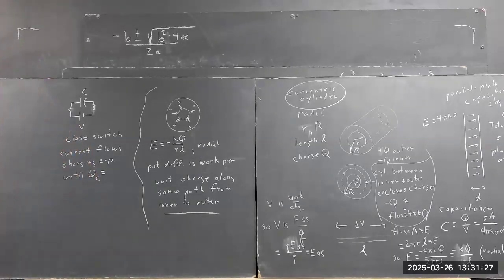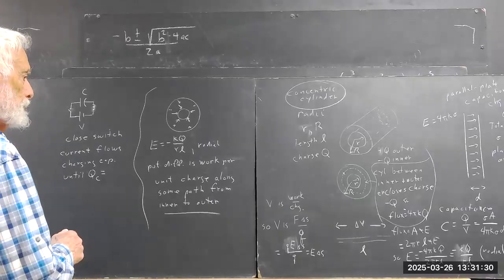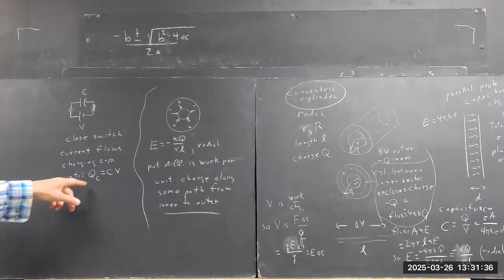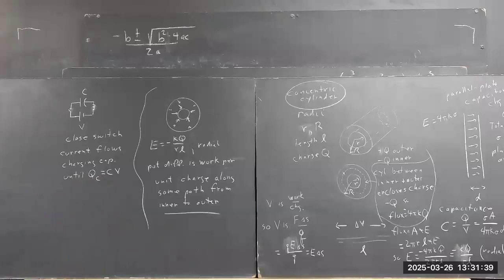Well, the capacitance is Q over V. So the charge of the capacitor is going to be C times V. And let me back up something a minute.